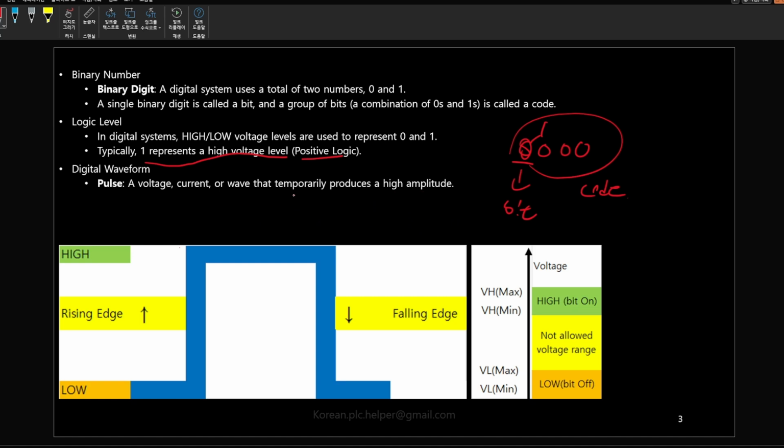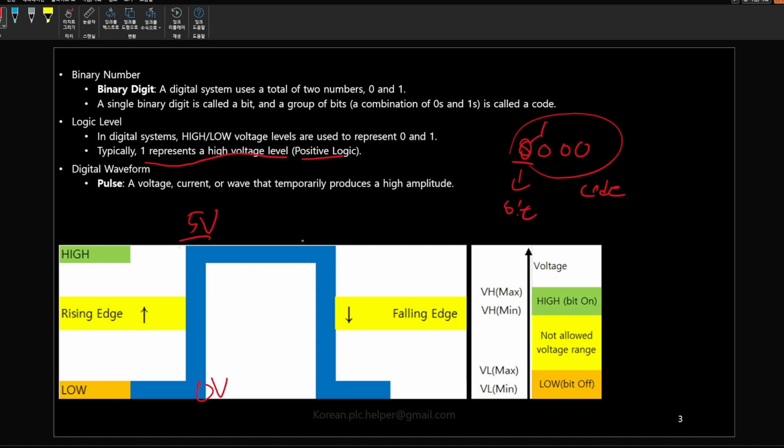As you can see, next is the pulse. A pulse is a temporarily large amplitude voltage, current, or wave in a low status. For example, let's assume the maximum value of this voltage is 5 volts. The low status is 0 volts.